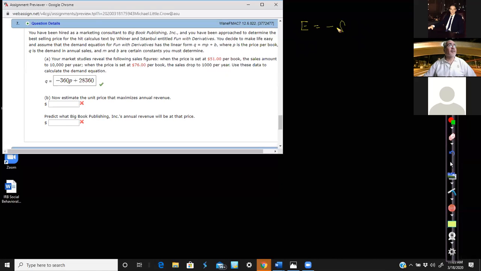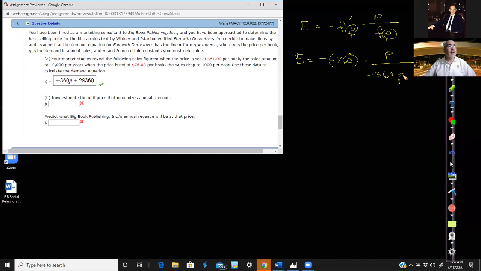It's equal to minus the derivative of the demand function times P over the demand function. The derivative is going to be negative 360, so that's a minus negative 360 times P over negative 360P plus 28,360.